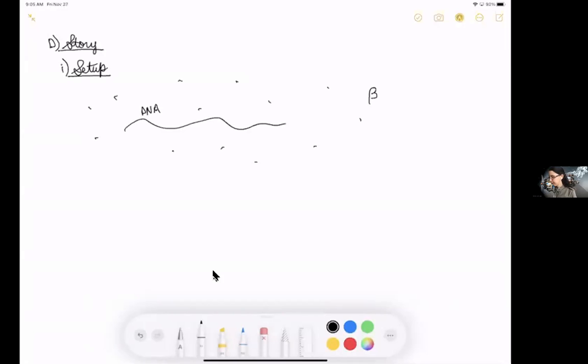Let's define a forward protocol. The strand is initially at thermal equilibrium.